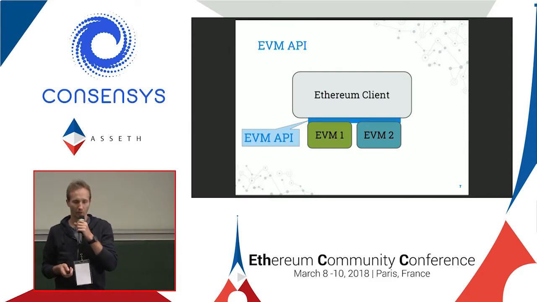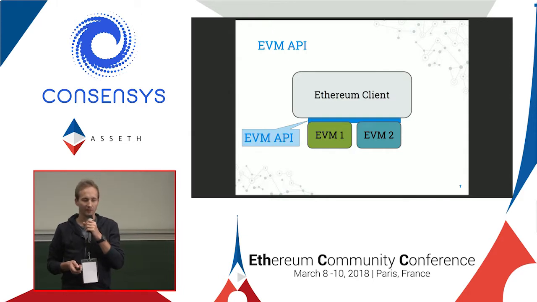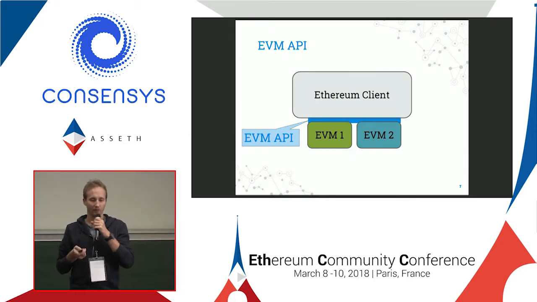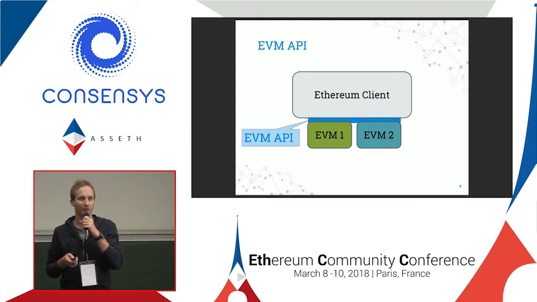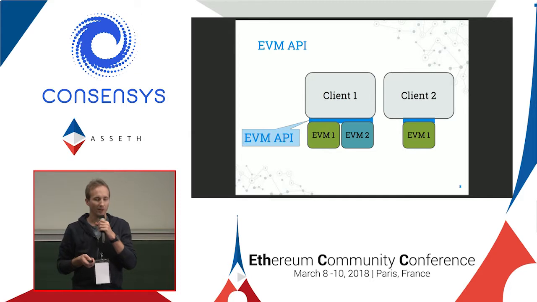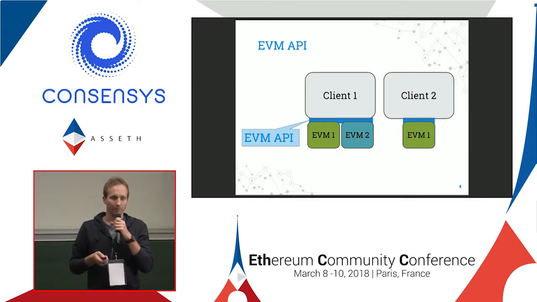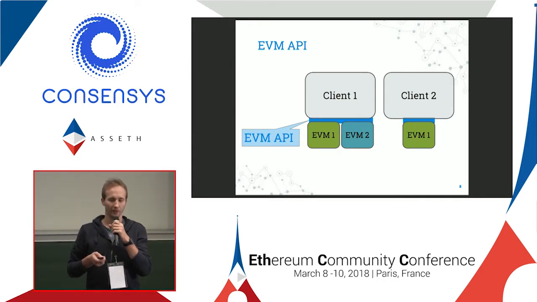And what is actually interesting from this point of view is this small layer that defines how the rest of the client communicates with the execution engine itself. So we would like to define this API for Ethereum virtual machines and make it fully specified to be reusable in different environments.